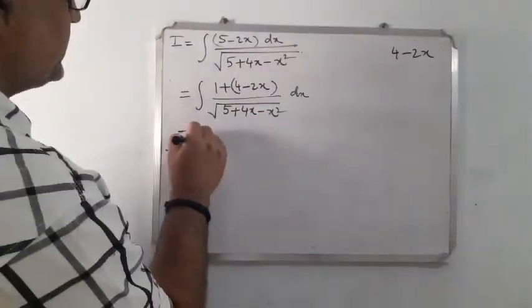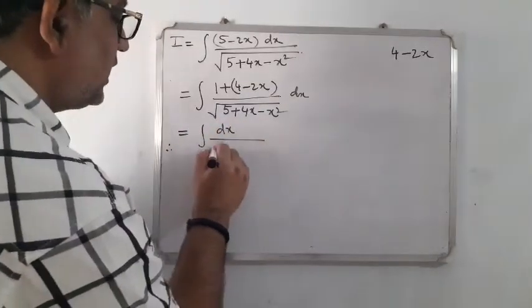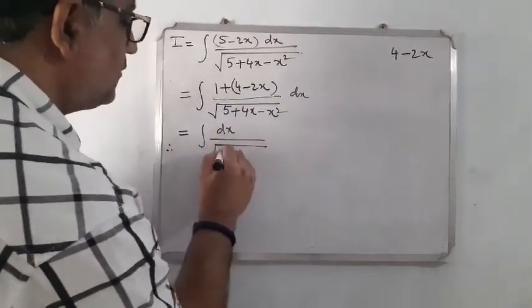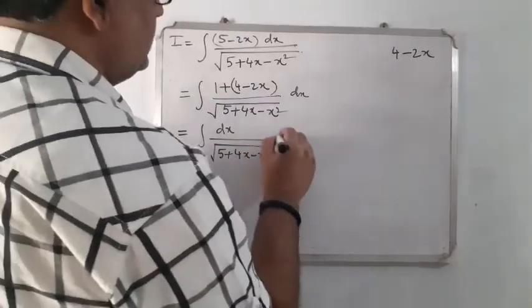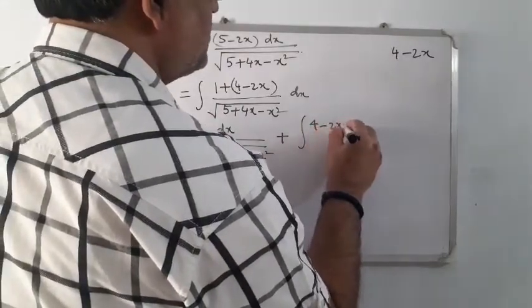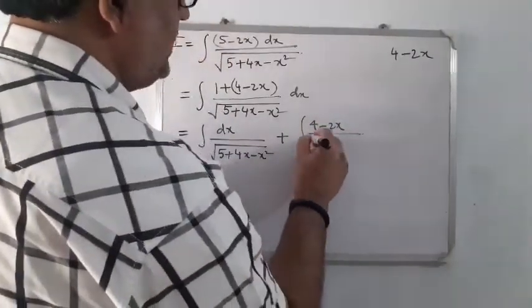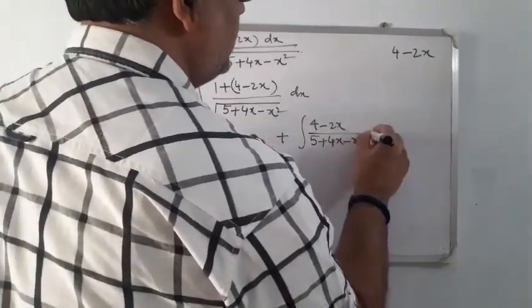That is integral, the first one becomes dx by root over 5 plus 4x minus x square, and then plus integral 4 minus 2x by root over 5 plus 4x minus x square dx.